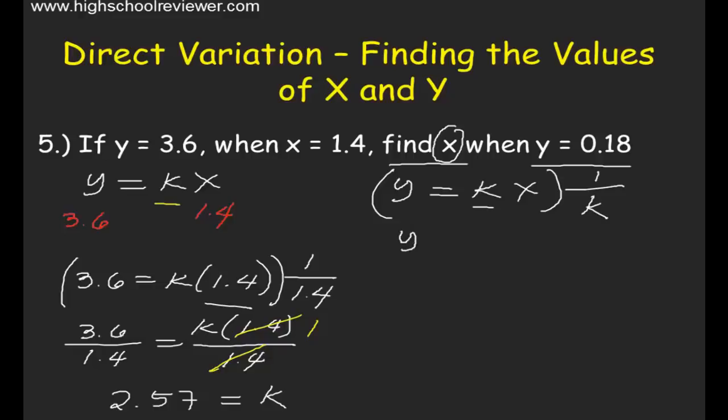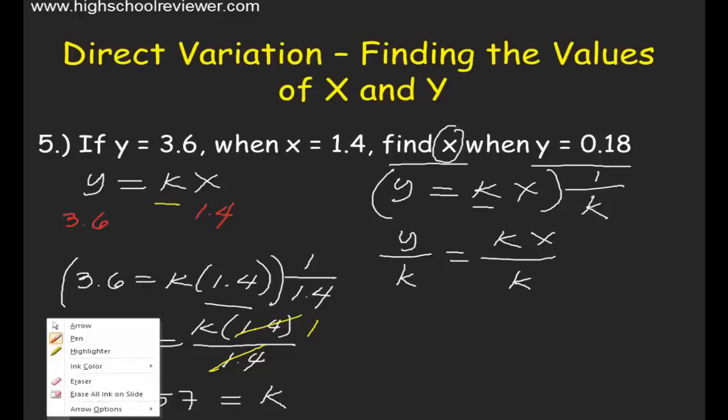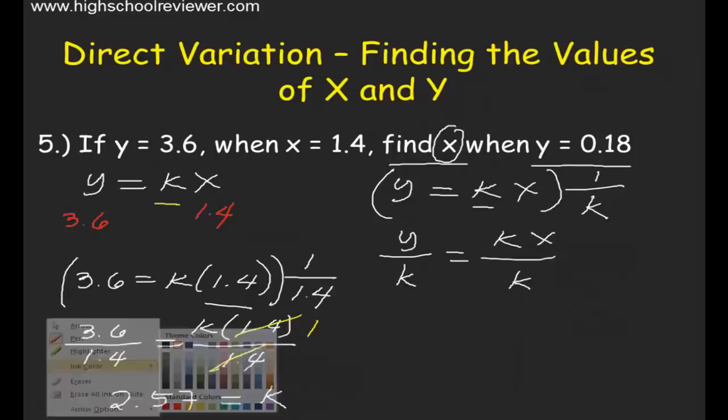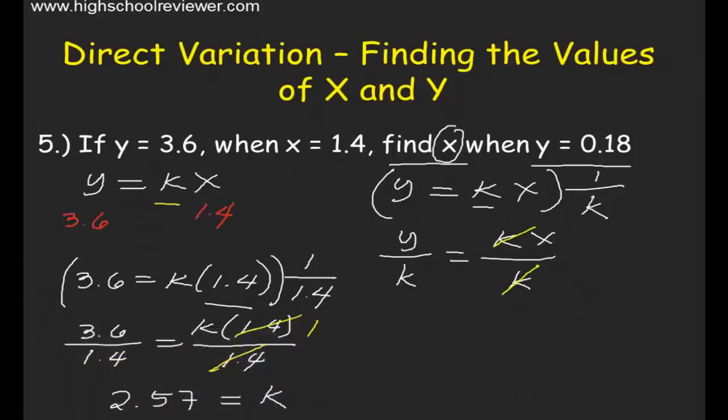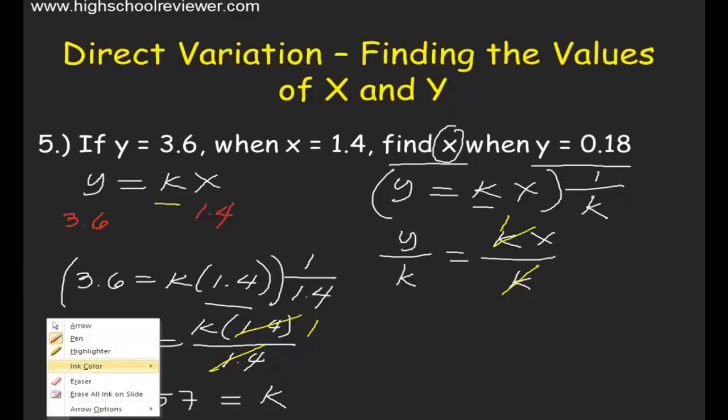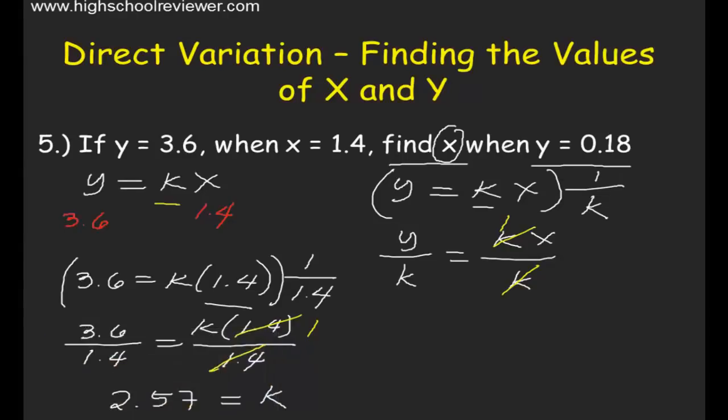So y all over k is equal to kx all over k. And k divided by k is equal to 1. So y all over k is equal to 1 times x, that is x.